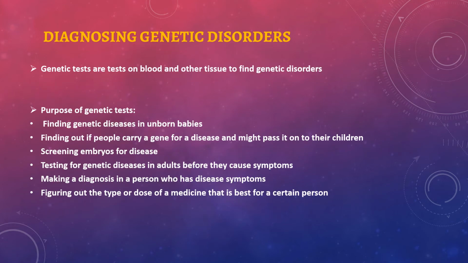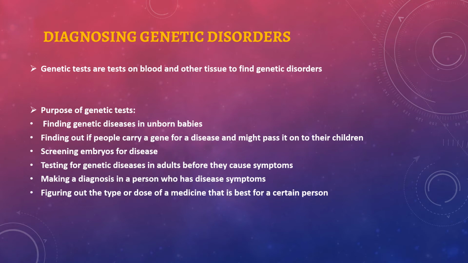Next, diagnosing genetic disorders. Genetic tests are tests on blood and other tissues to find out genetic disorders. The purposes of genetic tests are: number one, finding genetic disease in unborn babies. Number two, finding out if people carry a gene for a disease and might pass it on to their children.